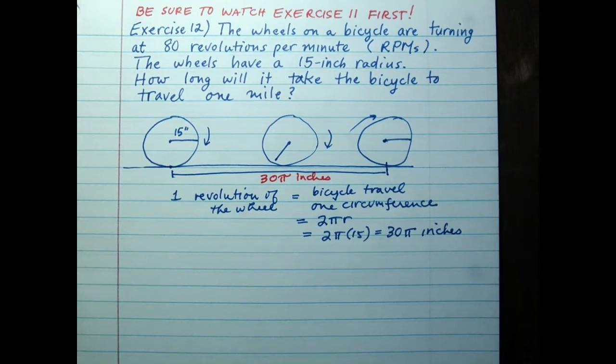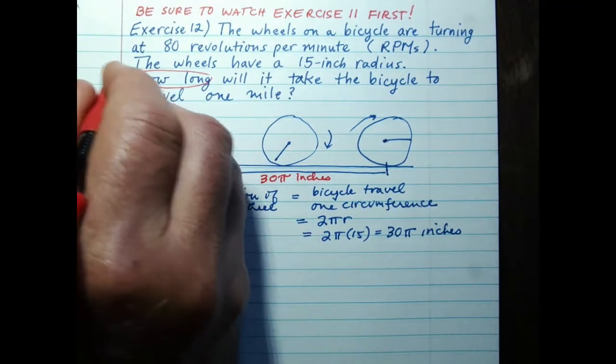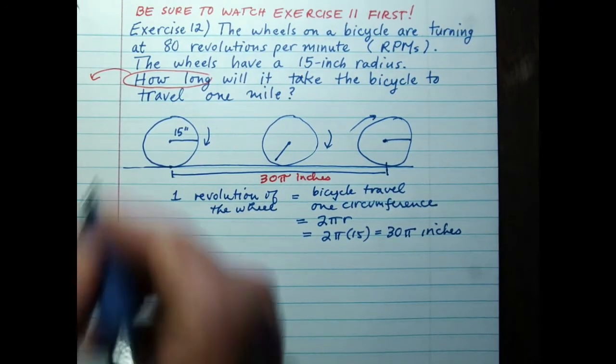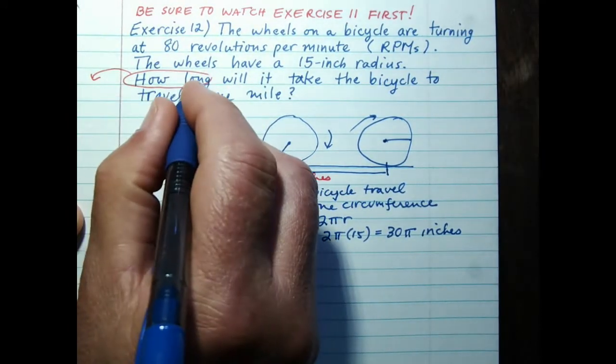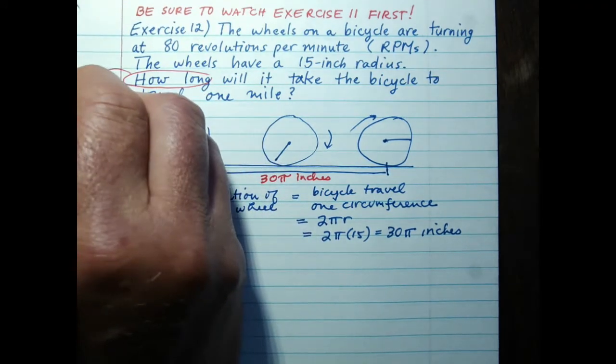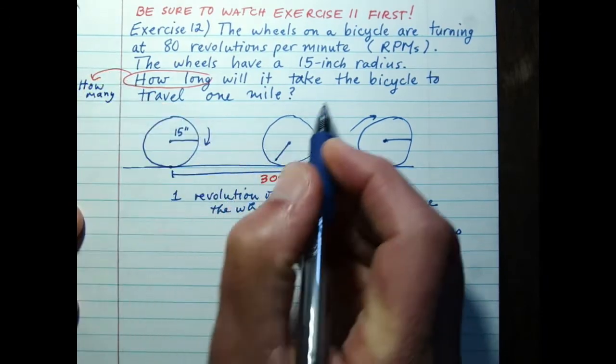And now what do we want here? We want to know how long, which means how much time, right? That word long sometimes means distance in English, but here it refers to time. How many units of time?